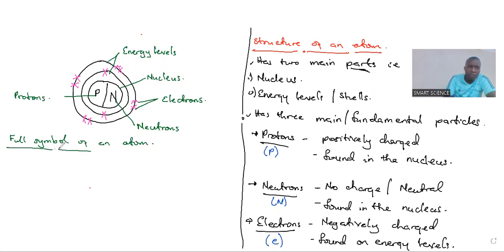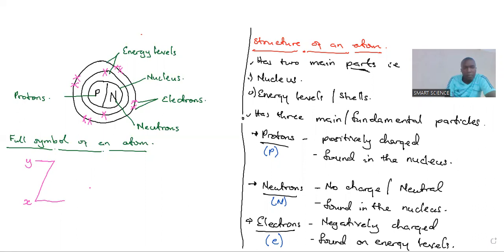If you were to write a full symbol of an atom, you need the symbol of that element. For example, I'm using Z to be the symbol of the atom I want to represent, just Z. You will find a letter below Z, which I'm calling X, and a letter above Z, which I'm calling Y.